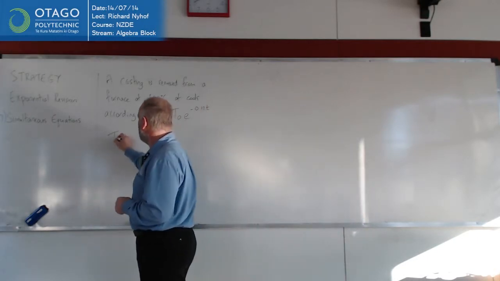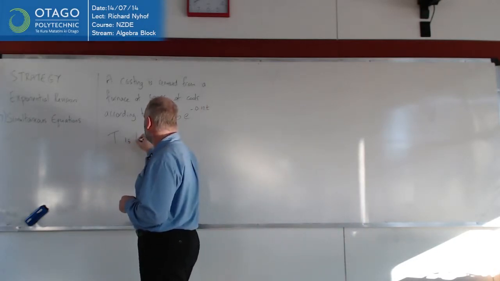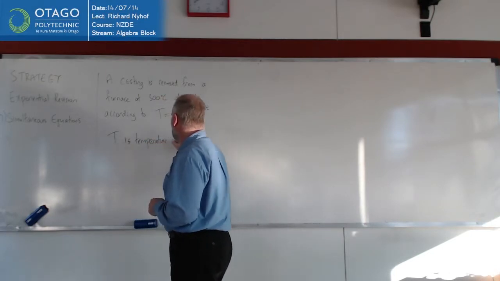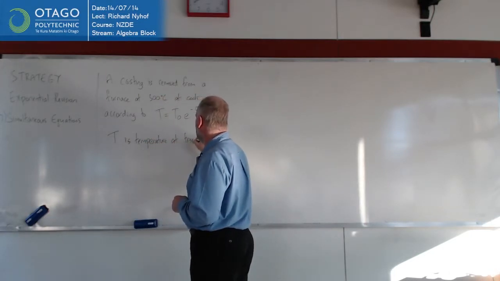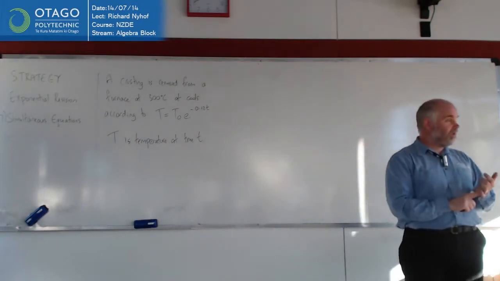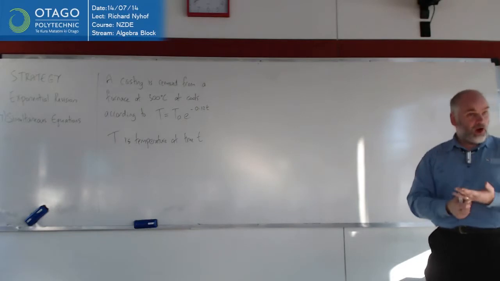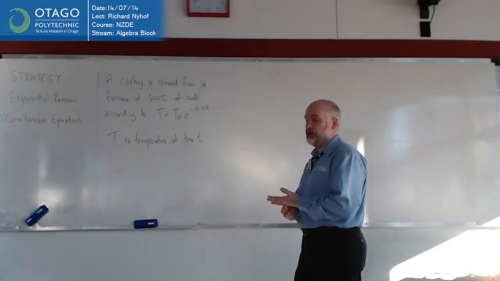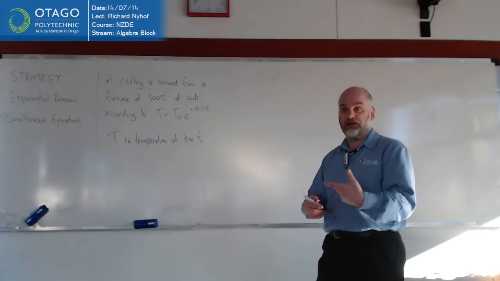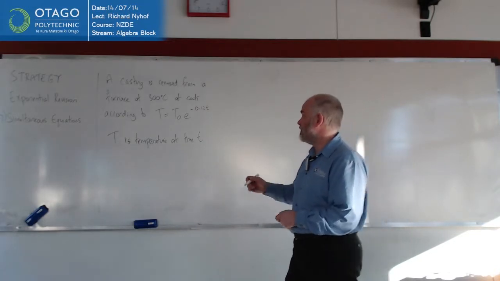So T is the temperature at time little t. Little t is going to be the time, and big T is the temperature, how the temperature varies. So big T changes over time.